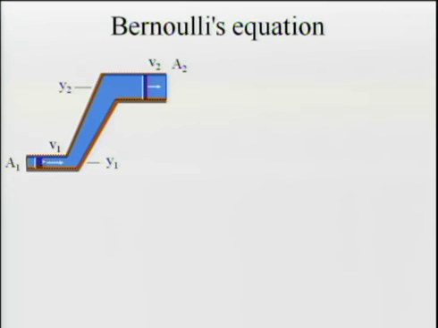Because the diameter is smaller, and if I consider an incompressible fluid, it means that this volume over here must be equal to that volume over there, right? The two volumes have to be equal. So in time dt, this one moved by distance dx1, and this one moved by distance dx2 to the right.